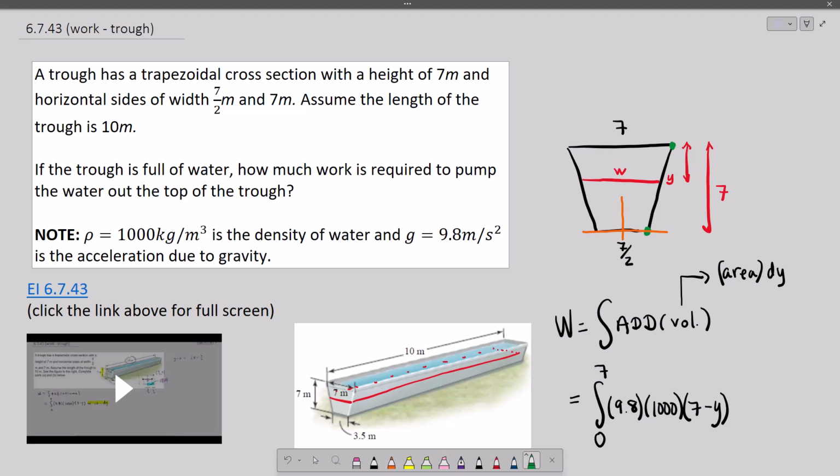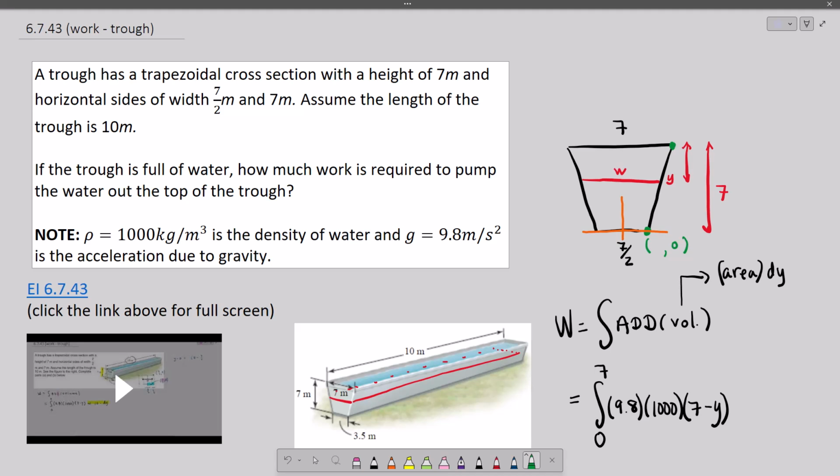So we need to know 2 points on the line. And if we look right here, that point, certainly the y-coordinate is 0. What would the x-coordinate be if we put this coordinate system right in the middle of these bases? 0.25. So 7 over 2 divided by 2.